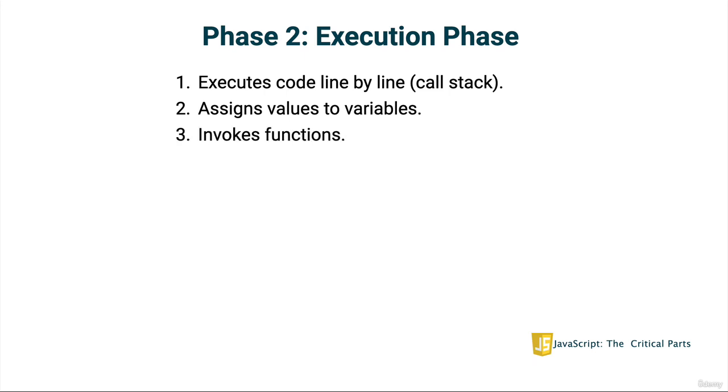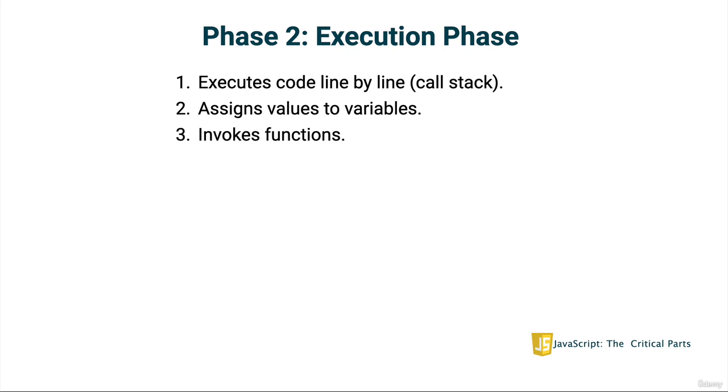And then it invokes functions. So it comes to a function and invokes it. Now, if it's a function declaration, that function's already stored in memory, so it just locates it and begins running that code. So that's the execution phase.